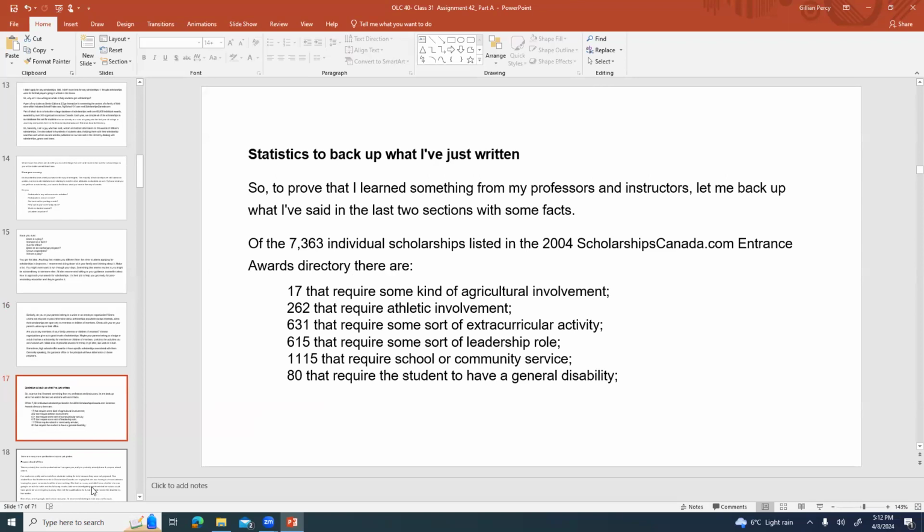Of the 7,363 individual scholarships listed in the 2004 scholarships.com entrance awards directory, there are 17 that require some sort of agricultural involvement, 262 that require athletic involvement, 631 that require some sort of extracurricular activity, 615 that require some sort of leadership role, 1,115 that require school or community service, and 80 that require the student to have a general disability.